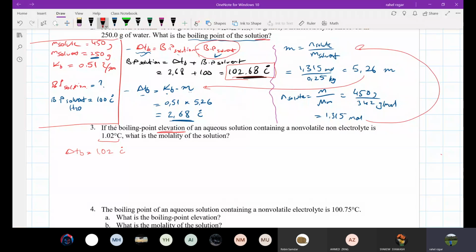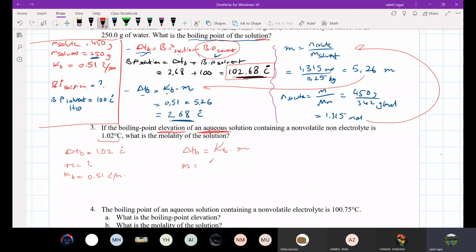What is the molality of the solution? It says find molality, and we know Kb. It's water, it's aqueous, so Kb is 0.51 Celsius per molal. So delta TB is equal to Kb times molality.